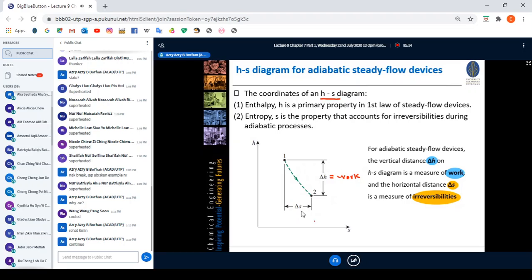Whereas your delta S on this x-axis represents the measurement of irreversibilities, and how severe the irreversibilities present within your device are. So every time you encounter or plot H versus S, you can extract the work component using the y-axis of H and also the irreversibilities on the x-axis for this particular delta S.